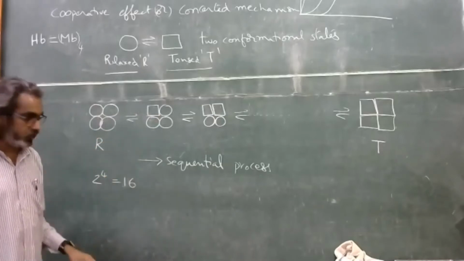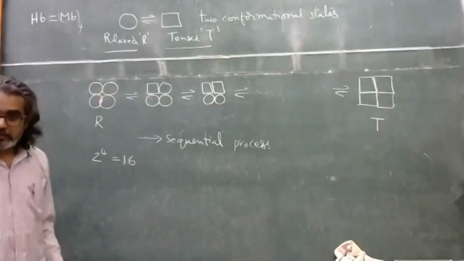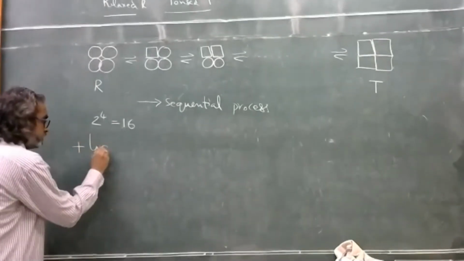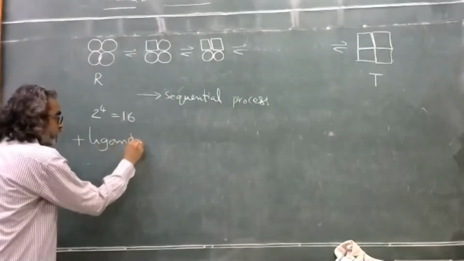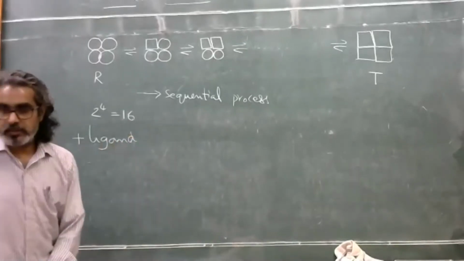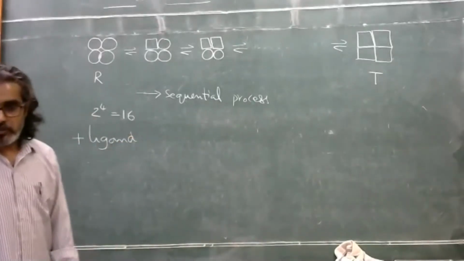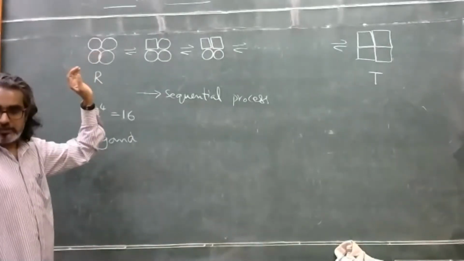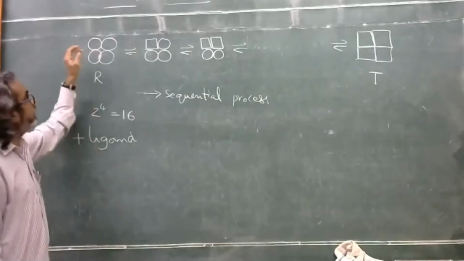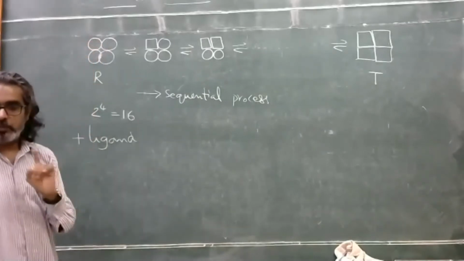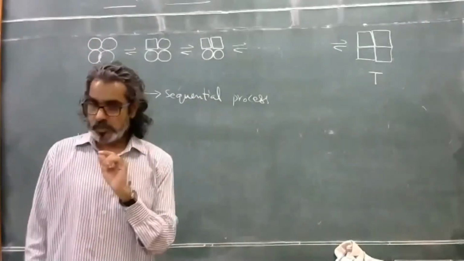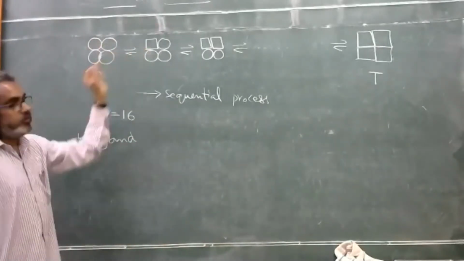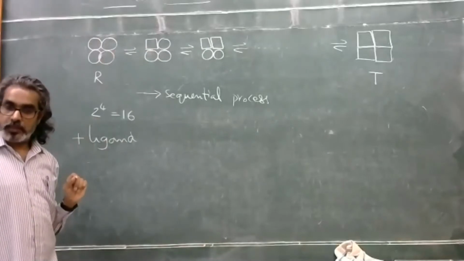Now we have to add ligand. Because all 4 units are the same, this is a homomeric model we are talking about. Each unit can bind one ligand, and each protein can be in tensed or relaxed.